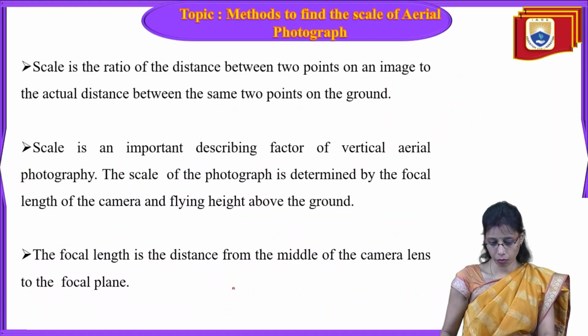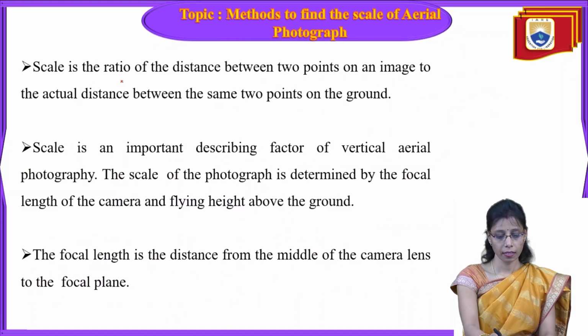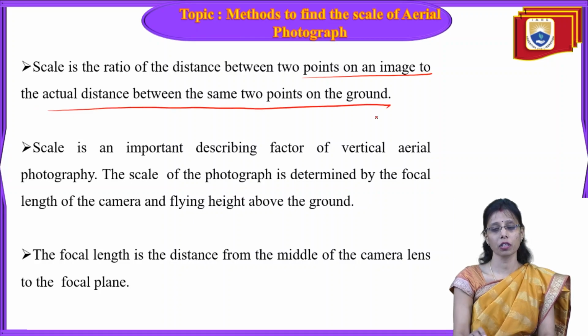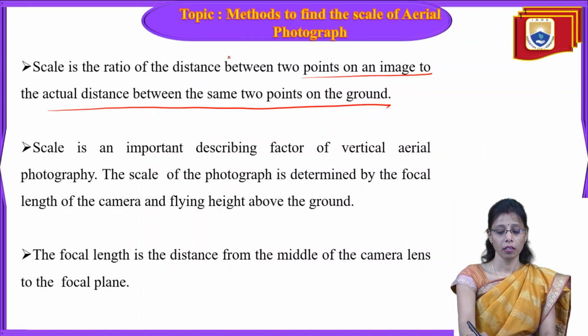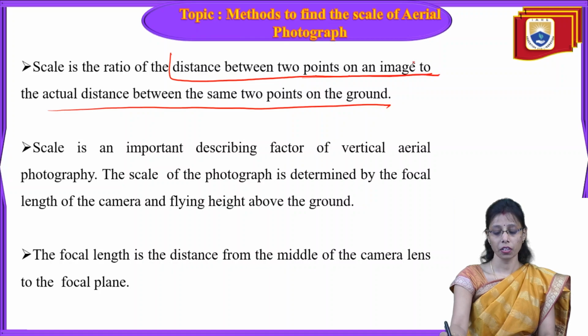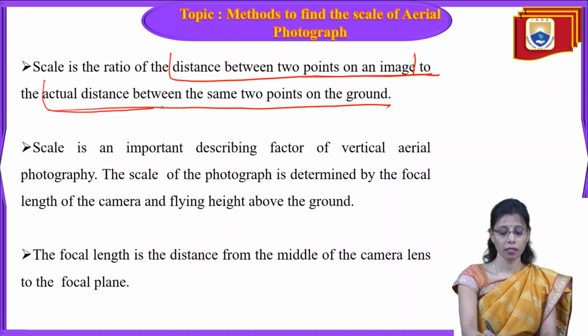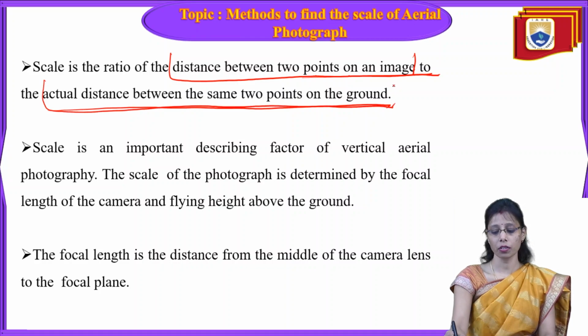Scale is the ratio of the distance between 2 points on an image to the actual distance between the same 2 points on the ground. This is how the scale is determined.